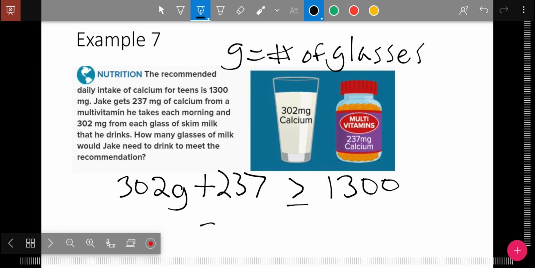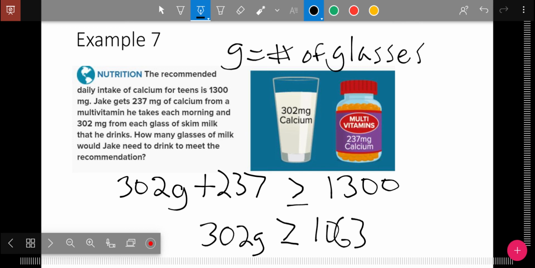And then I get 302 milligrams per glass is greater than or equal to 1,063 after I subtract 237 over.